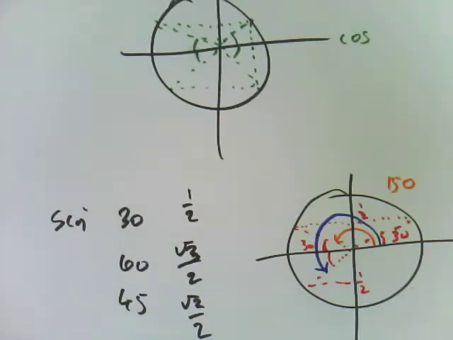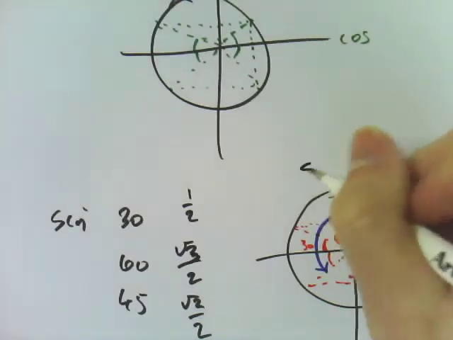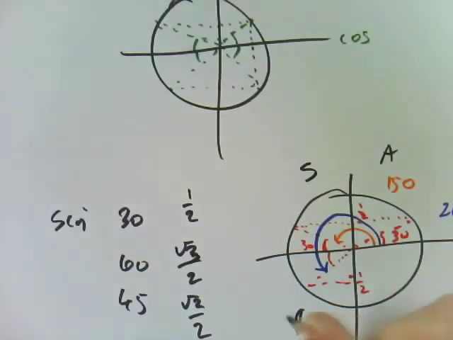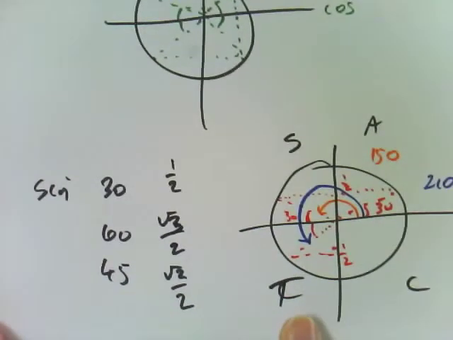Oh, 30. Alright, 210. Alright, and I forgot to put a negative there. It's actually negative 1/2. Okay, so the blue angle is 210. And the sine, the exact value, is negative 1/2 because remember, all sine, tan, cos. Alright, so sine isn't positive down in this quadrant. So it has to be negative 1/2.